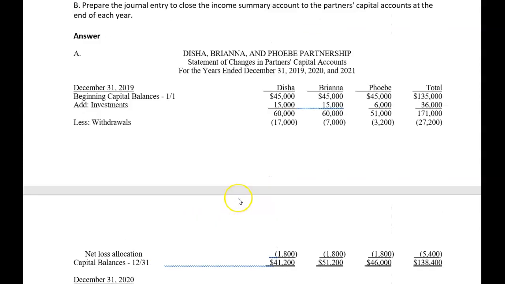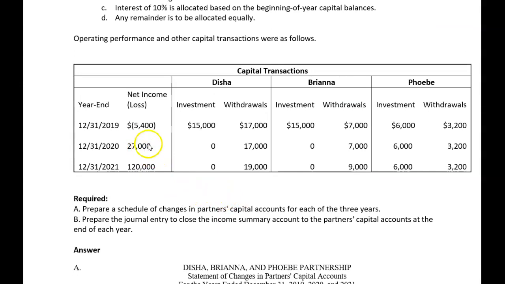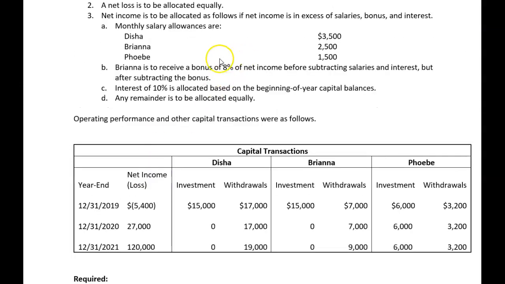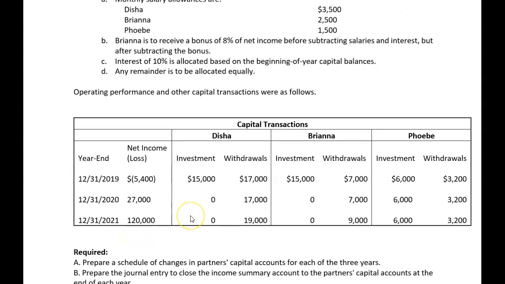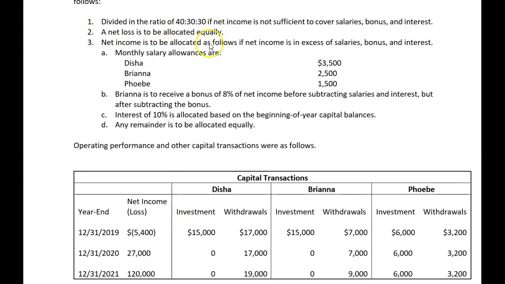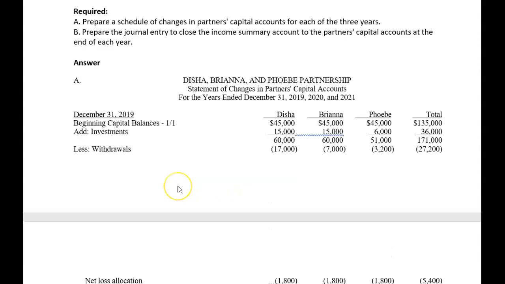And if you go back up here for a second and we look at the income of 27,000 and you look at the monthly salaries and some of these other, the 10% interest and so forth, you can see that that is going to be more than 27,000. So that's why we default to this number one allocation.